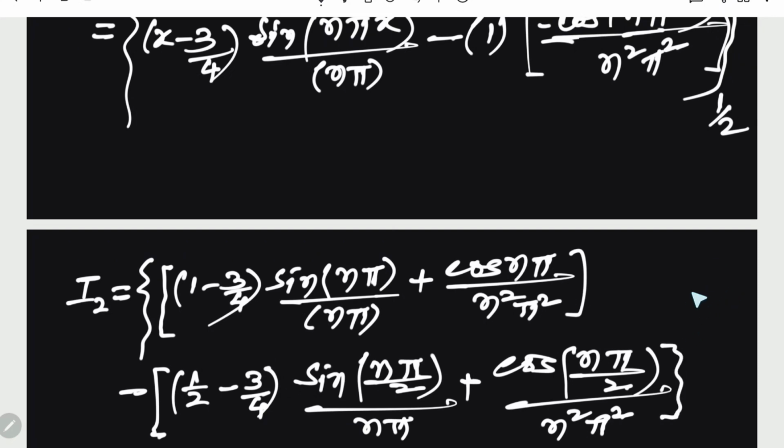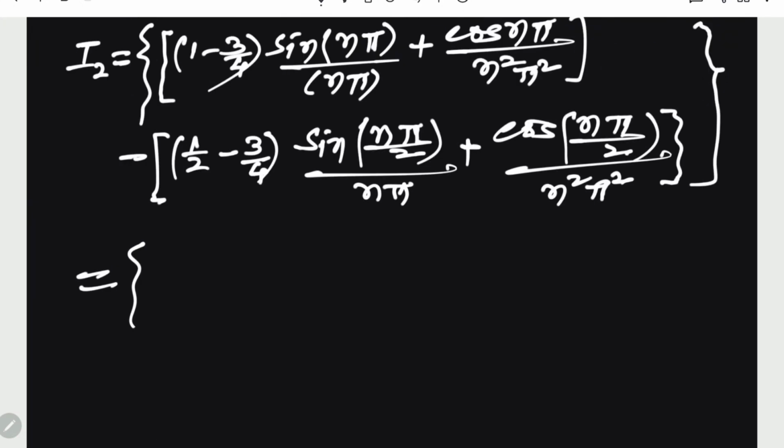And then we have to simplify it further. Cross multiplying we get 4 minus 3.